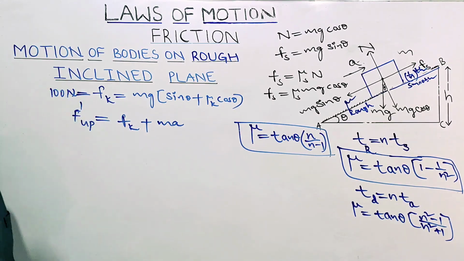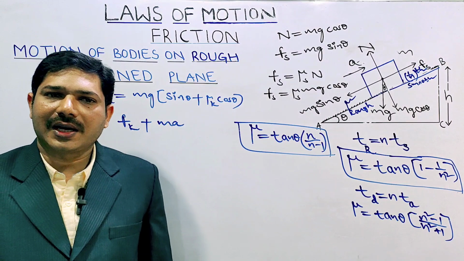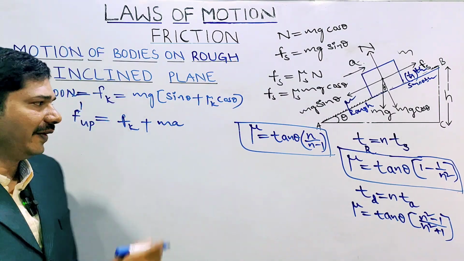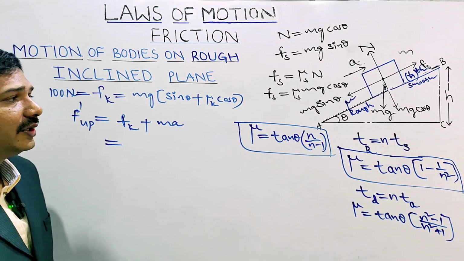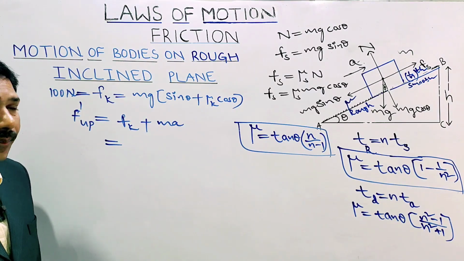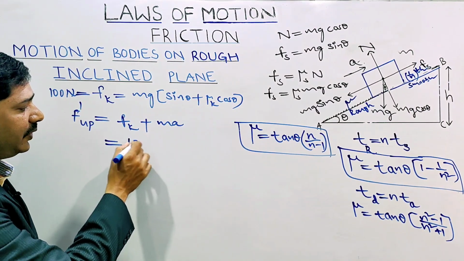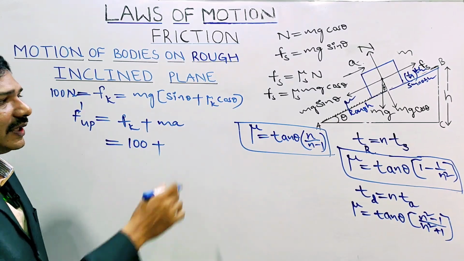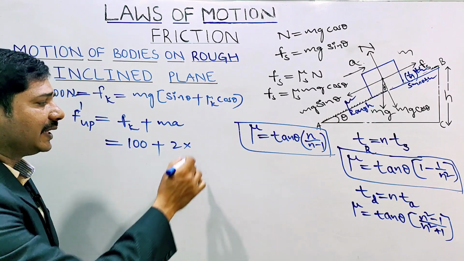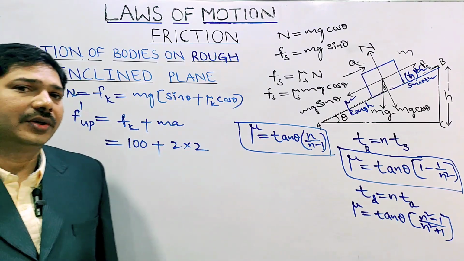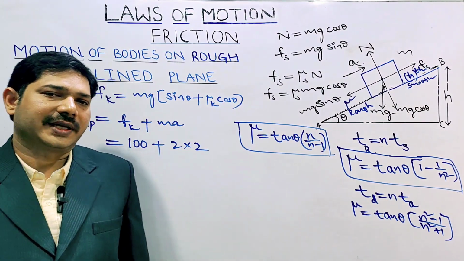And the mass of the block is also given and the acceleration is also given. So the resultant force required to move the body up: Fk value 100 newtons they have given, and the mass of the body given is 2 kilograms, and the acceleration of the body also given, 2 meter per second square.